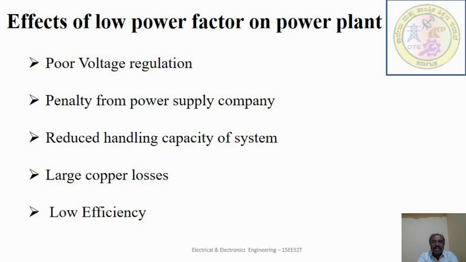So large line current causes large voltage drops in the line impedance. Therefore, the receiving end voltage, represented by VR, will be much lower than the sending end voltage, represented by Vs. Hence, the voltage regulation will be poor.